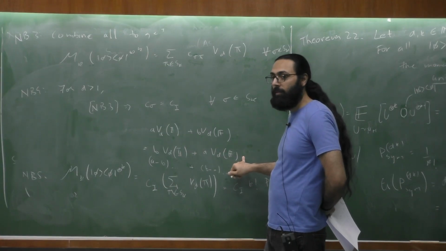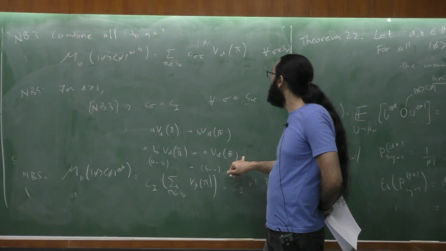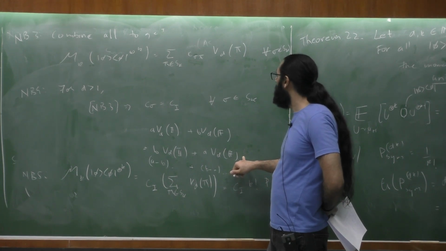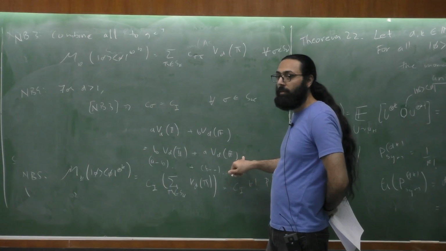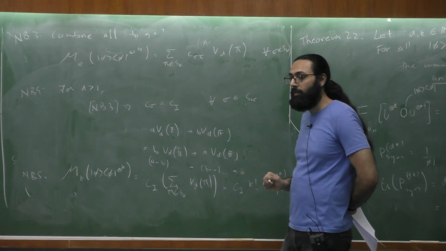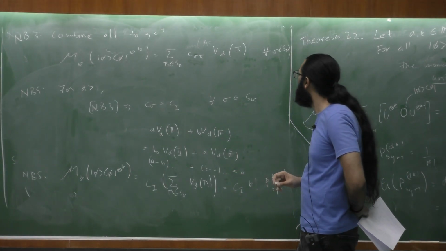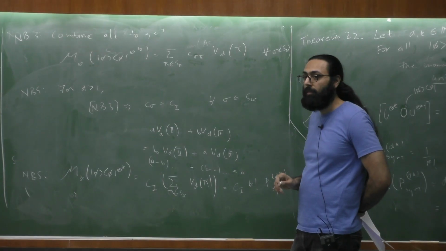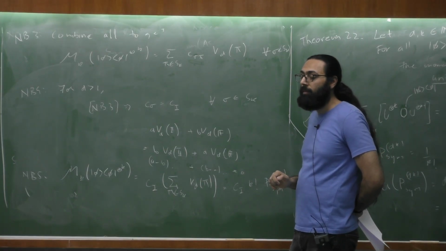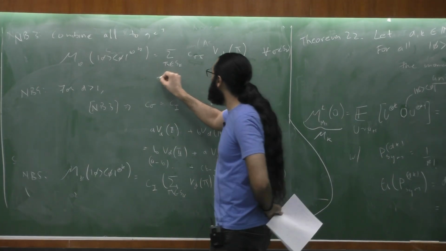So what does it mean that for all sigma belonging to S_k, this holds, C sigma equals C? That is any constant. Just like we did in the previous class, where we showed that some coefficients are equal, we choose a certain permutation and we can make every coefficient equal. I mean, this is just saying this.